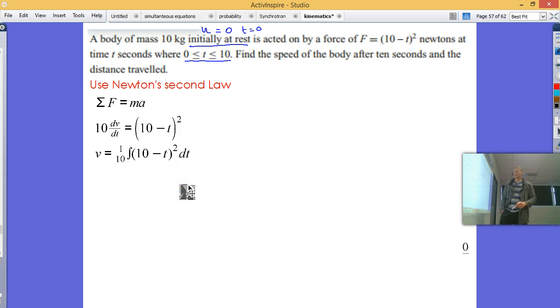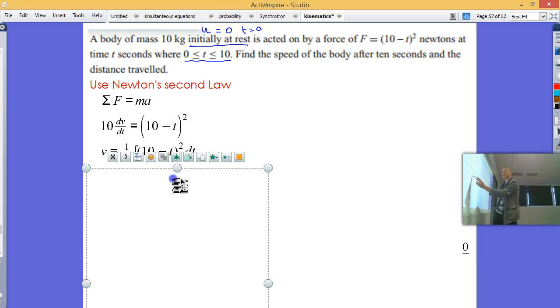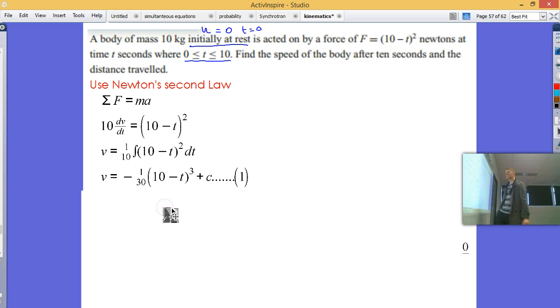Okay, now by multiplying my dt to the other side and integrating, I get this. I set up my integral on my right hand side. I'm going to use a bit of a substitution rule, and I'll have a negative out the front, and I'll get a solution like that.